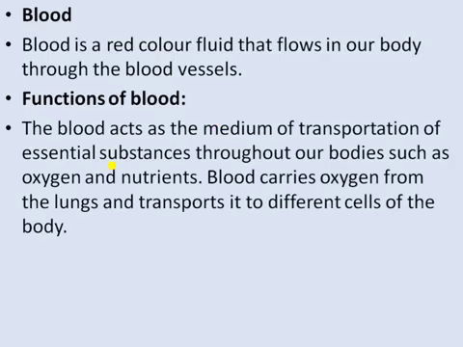First, the blood acts as the medium of transportation of essential substances throughout our body, such as oxygen and nutrients. Second, the blood carries oxygen from the lungs and transports it to the different cells of the body. So the first function is it transports the oxygen from lungs to the tissue and carbon dioxide from the tissue to the lungs. Okay, this is the first one.